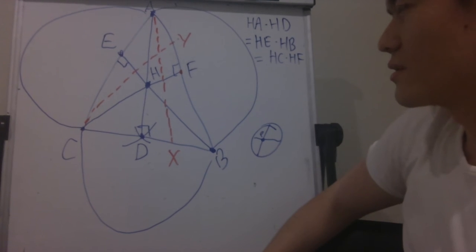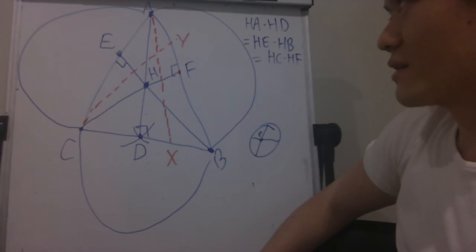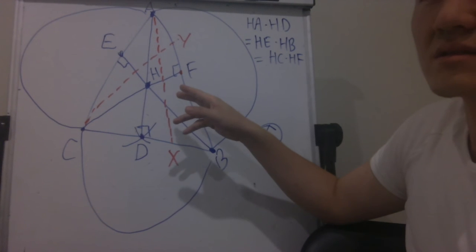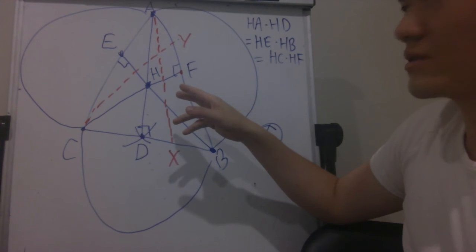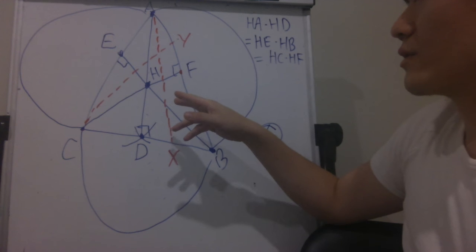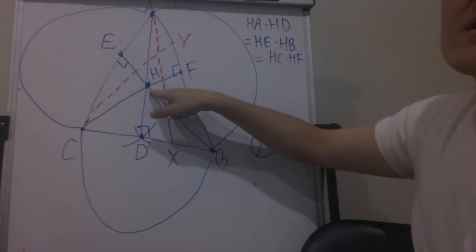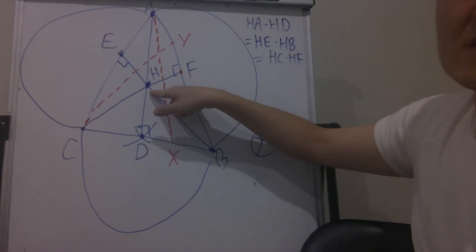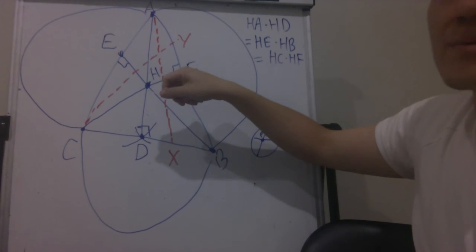But it doesn't mean that they always meet at a point like this. Does that make sense? The radical axes will all pass through H, right? But there might not be three different ones. Some of them might be parallel or something.